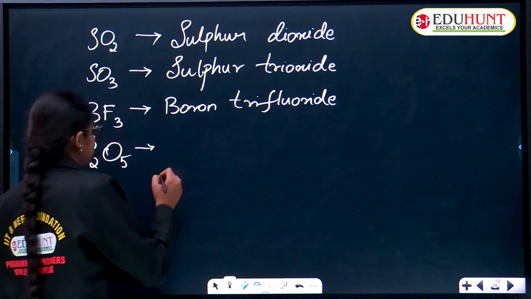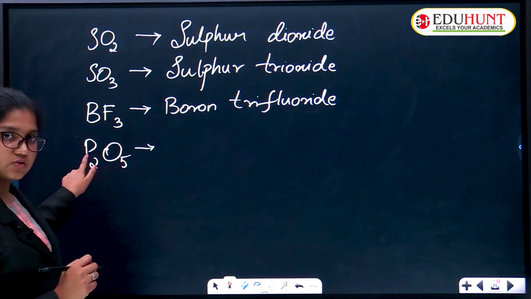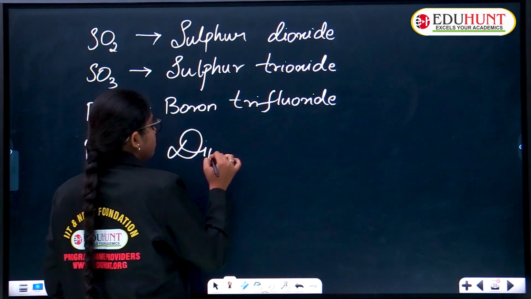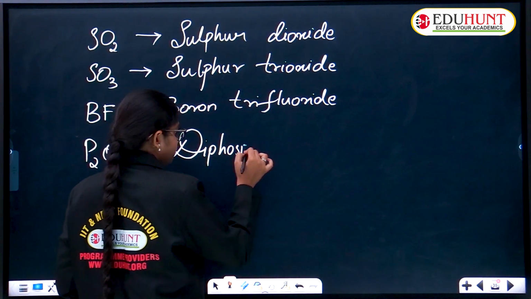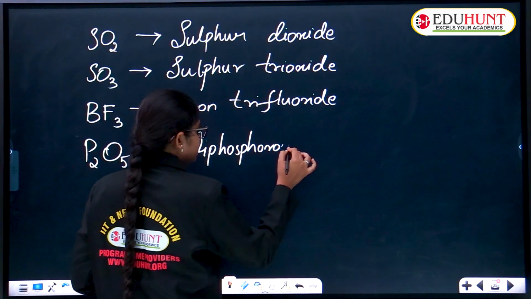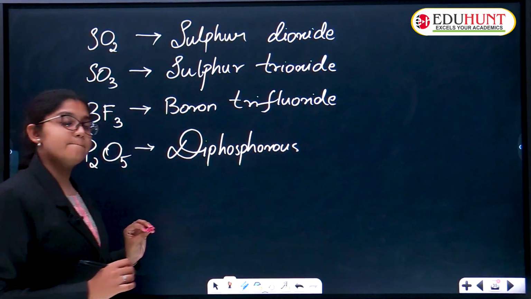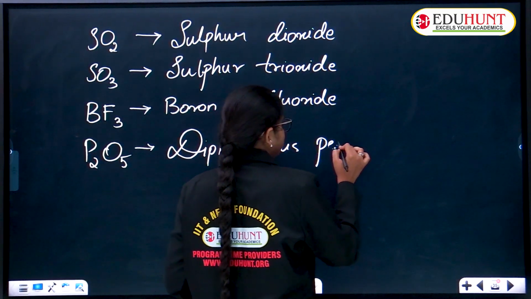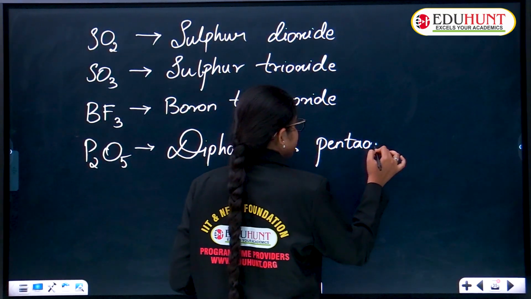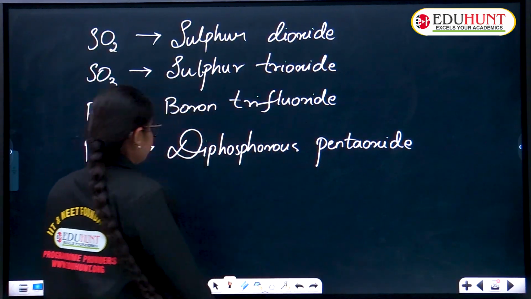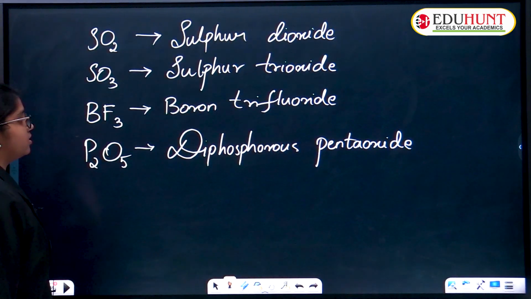Phosphorus is P, and 2 phosphorus is diphosphorus. How many oxygens? 5, and 5 means penta, so it is diphosphorus pentoxide. This is the name for the given four.